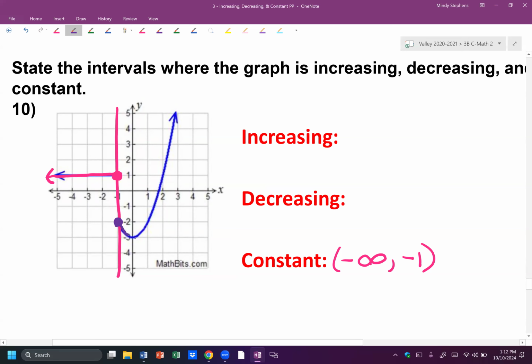It's got just this teeny piece that's decreasing right here. So it decreases starting at -1, and it stops decreasing at 0. So remember, we're drawing the line going this way. So that's at 0. Then it increases starting at that same number. So it's increasing at 0, and it increases forever and ever and ever. So it goes to infinity.